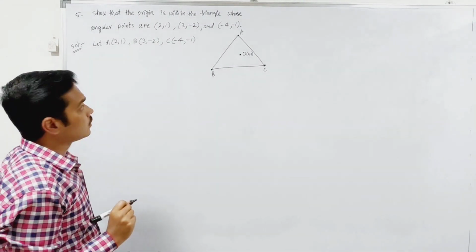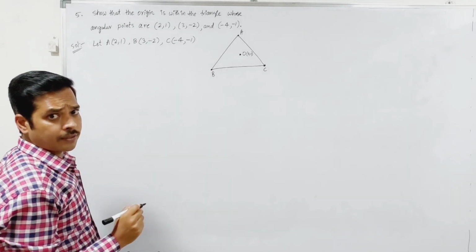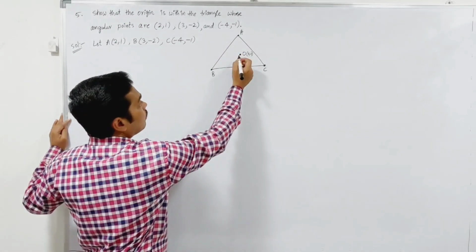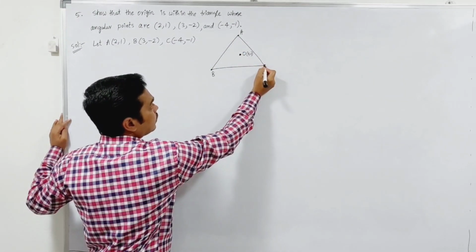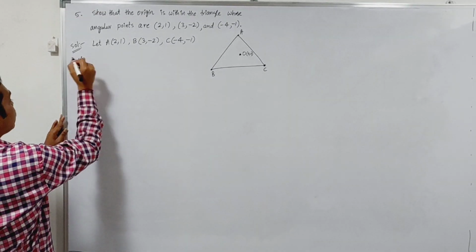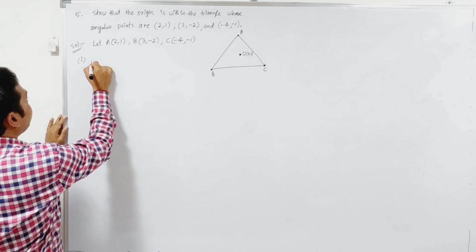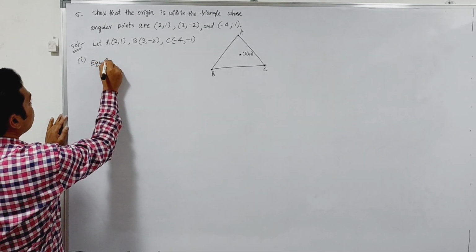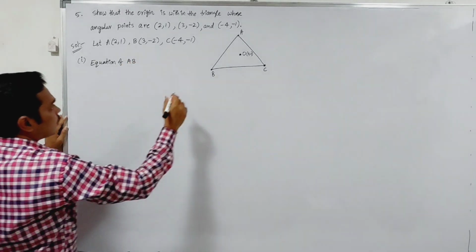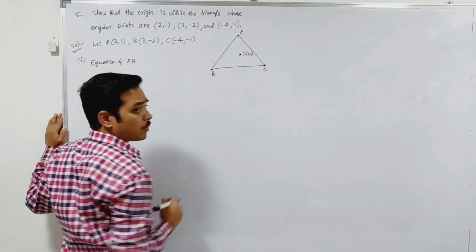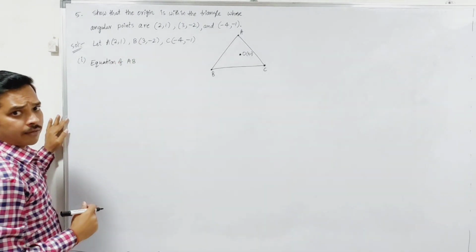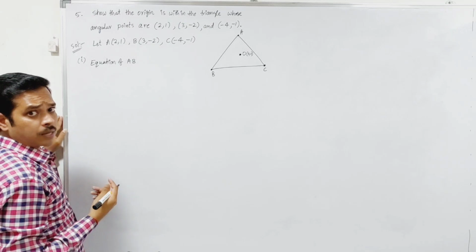Now first of all, find out the equation of AB and verify the positions of the remaining points. What are the remaining points according to AB? O, the origin, and vertex C. In the first case, find out the equation of AB. How to find the equation of AB? The line segment AB passes through A and B, which are already given.